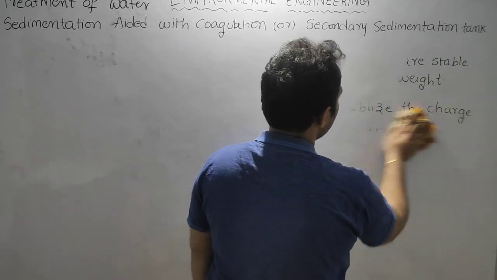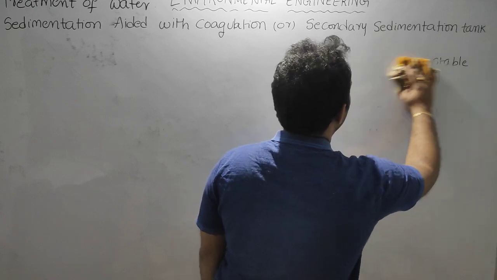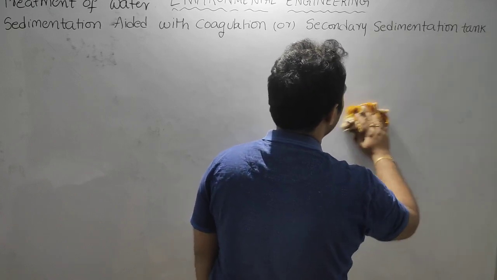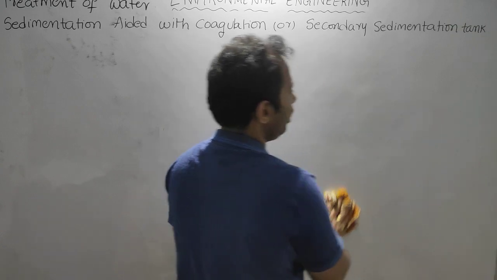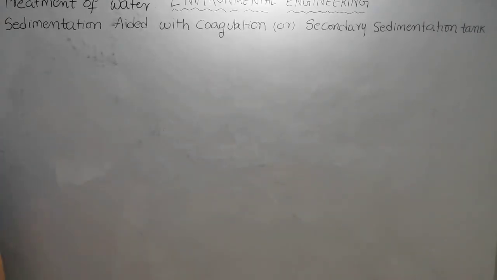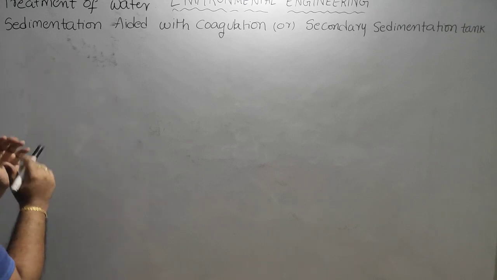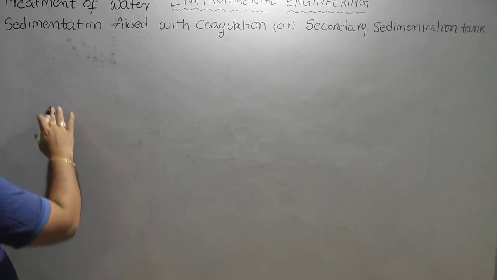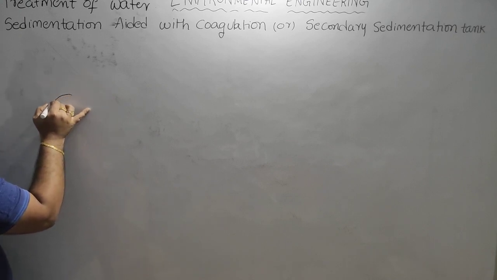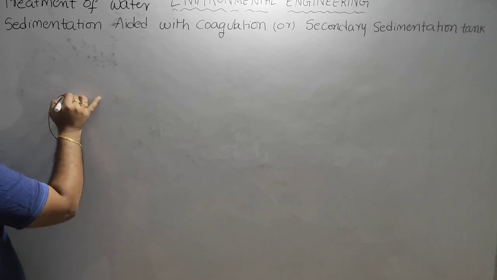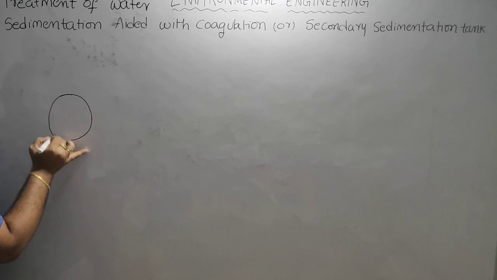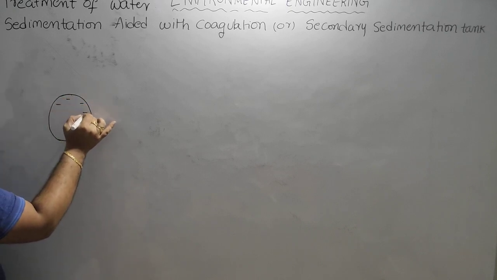Inside the water they react with H plus ions and form a strong layer. It's called the Stern layer. All the negatively charged particles present in the water will form a layer.